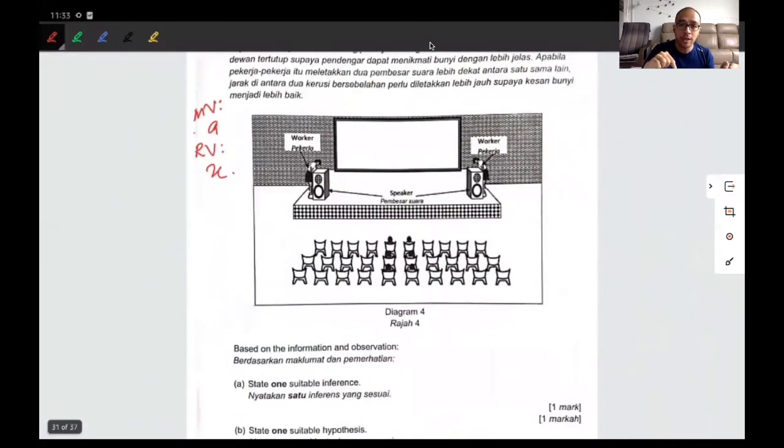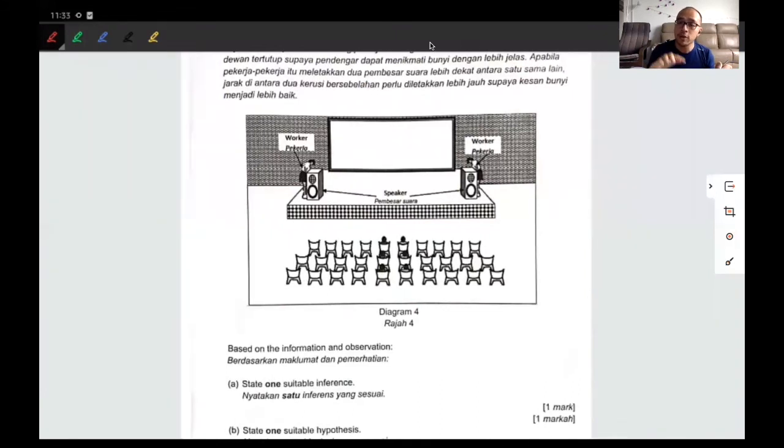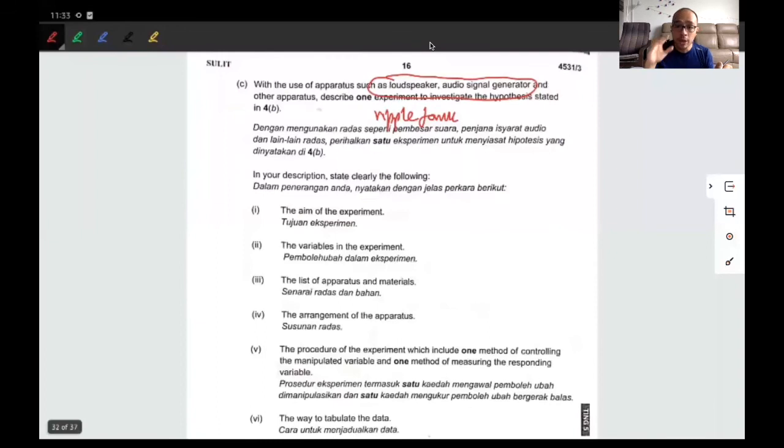Although the situation looks like it's interference of sound waves, you have to look at the apparatus and make sure that we are talking about the sound wave experiment. Because if the apparatus is ripple tank, you cannot use audio generator. You can only use the frequency generator, which I will show you in a little bit.